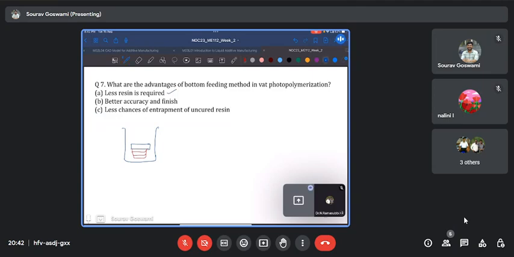For this next layer, ideally, the height of resin column that I need can be equal to the layer height only. I do not need excess resin in this case. So I may only pump in this required amount of resin, or the vat can have only this little amount of resin compared to a top feeding approach where the vat is usually filled to allow for deep dipping.